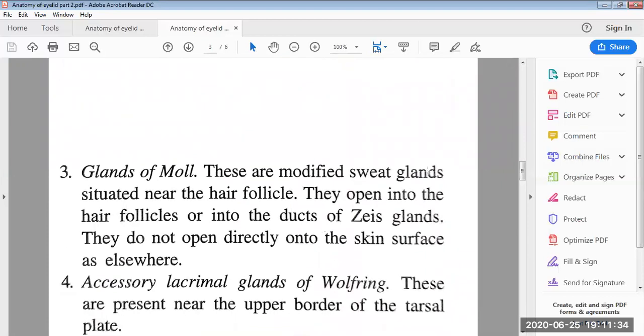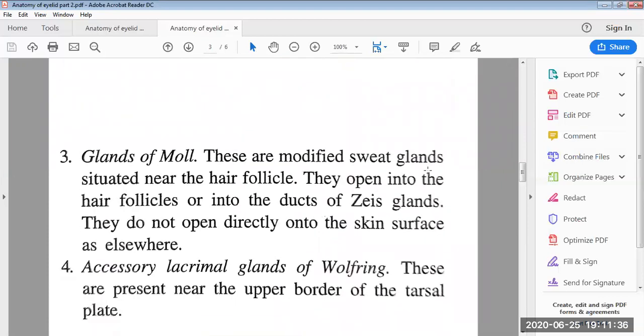Next are the glands of Moll. These are the modified sweat glands. Earlier, the meibomian gland and the gland of Zeis were the modified sebaceous glands, whereas the glands of Moll are the modified sweat glands situated near the hair follicle.